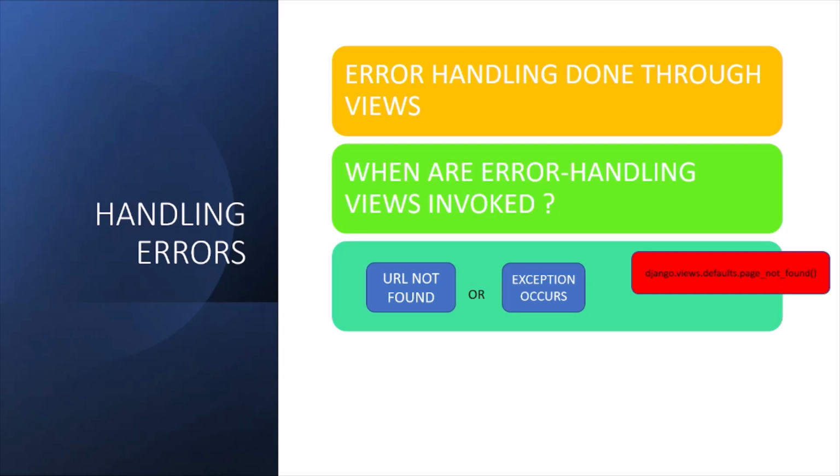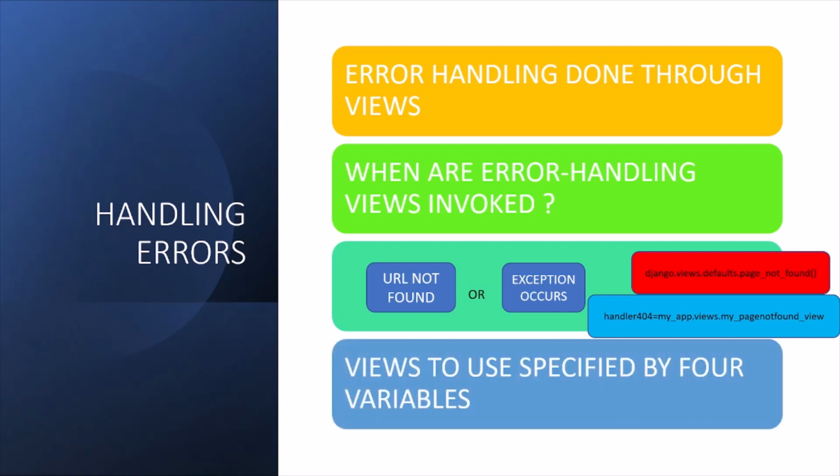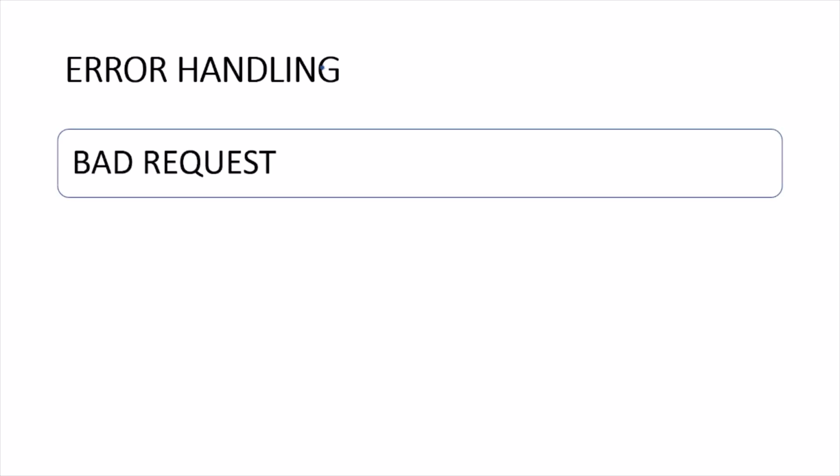In that case, you would have to use certain specified variables. So for example, for the URL not found, you would have to use handler 404. All the views to use are specified through variables, and there are 4 of them. We've got handler 400, handler 403, handler 404, and handler 500. So let's look at these in a little detail. If, for example, you're checking for a bad request error which returns a status code of 400, you would use handler 400, right? So that's the variable specified.